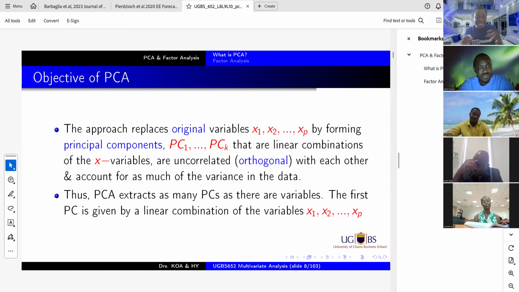Now, the thing is that principal component 1 guys should be orthogonal to those other 2 guys who are principal component 2. They should not be related. But among themselves, they should be related. That's why they've been combined. But across themselves, they should not be related to these other principal components.